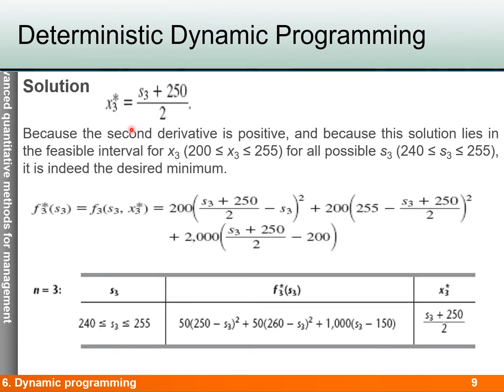As you remember, we calculated x3 star equal to S3 plus 250 divided by 2. To know that this value is valid for all the periods in our table, we should check all the values of S3, which we know are between 240 and 255.